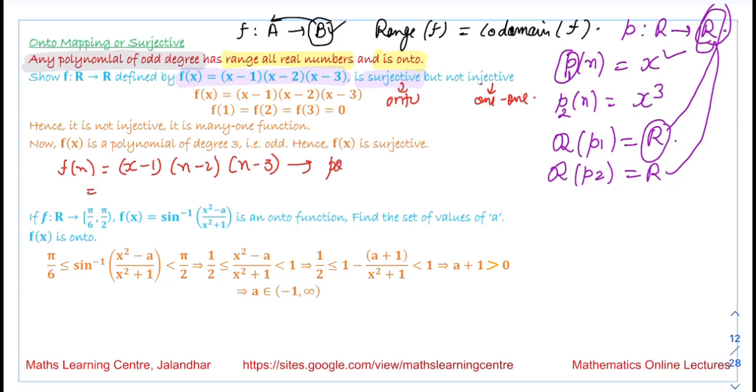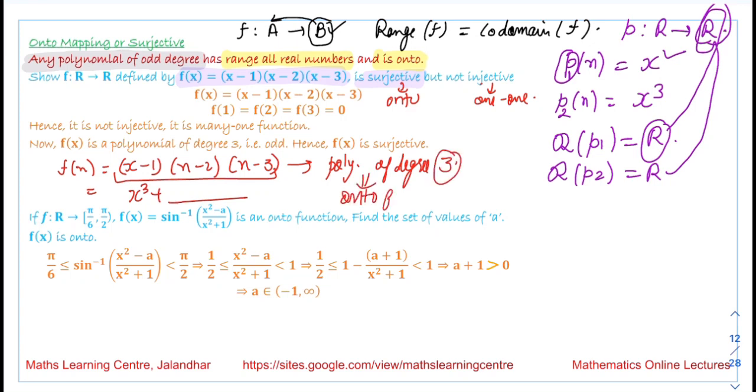If you multiply these terms, you will get a polynomial whose degree is 3. It means this is a polynomial function of degree 3. 3 is odd. It means this function is an onto function because the range of this function f will be equal to the codomain, that is R, real numbers.